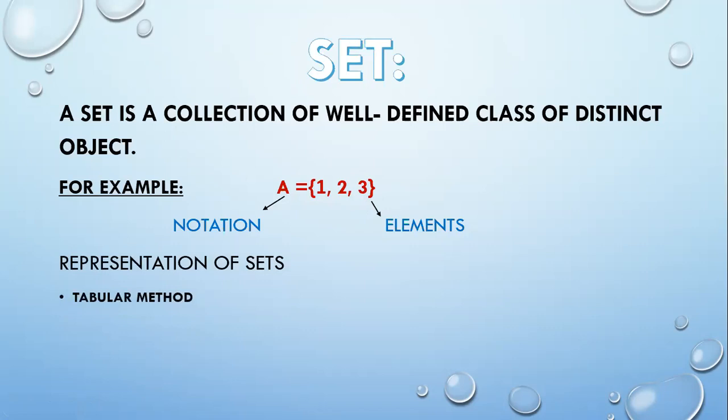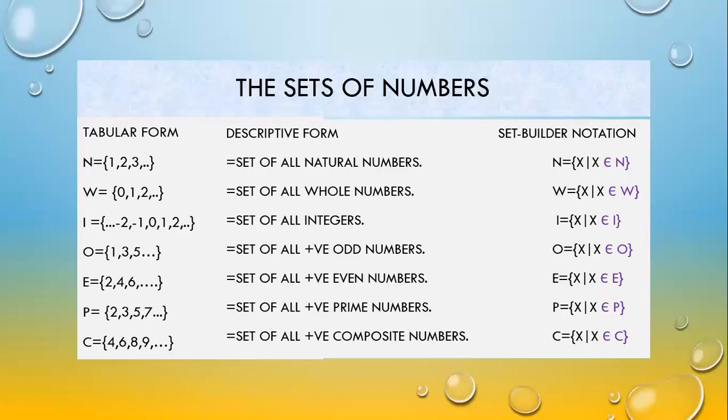Now there are two more methods: the descriptive method, and the third one is set builder notation. Here is a very important set of numbers on page number 2 of your book, in which the tabular form and descriptive form are given, and on page number 3 the set builder notation is given for the related sets.